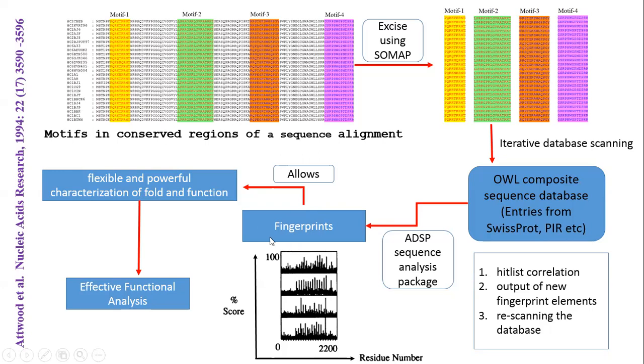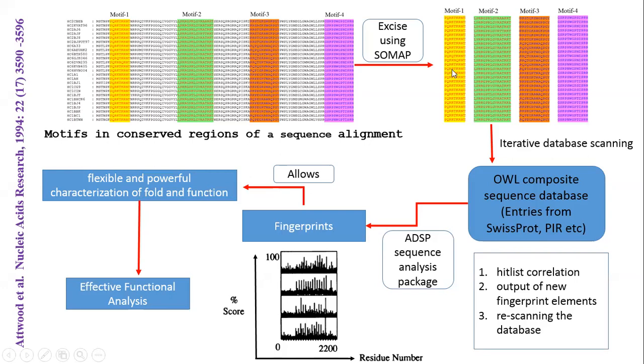Okay, so in this way, if you have such mathematically derived fingerprints for a given set of proteins, that would allow a very flexible and powerful characterization of fold and function, right? तो अभी अपन sequence compare नहीं करेंगे. Now we have far more better mathematical representation of what these motifs are.